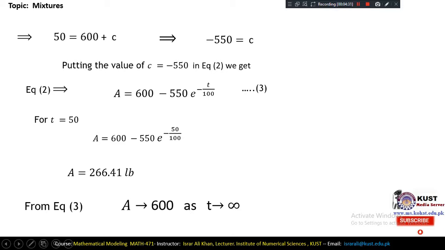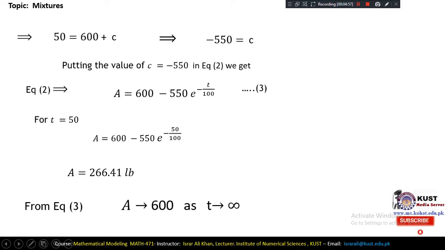With the passage of time, this term reduces and eventually becomes 0 for a large amount of time, and so A would become 600 pounds. We can write this mathematically: A approaches 600 as t approaches infinity.